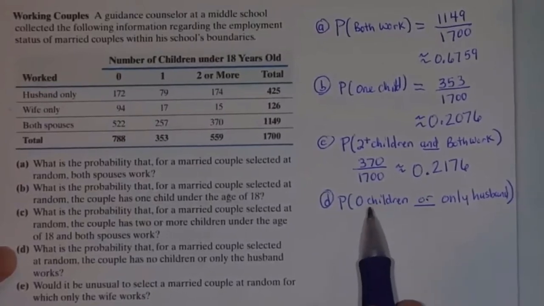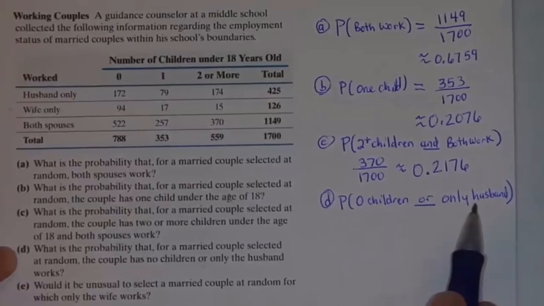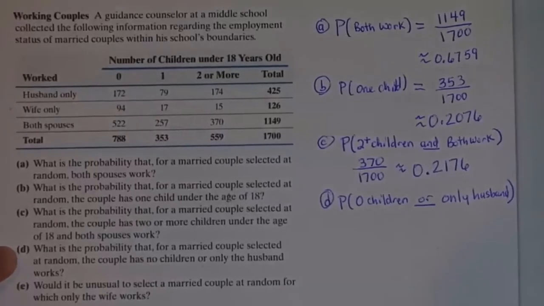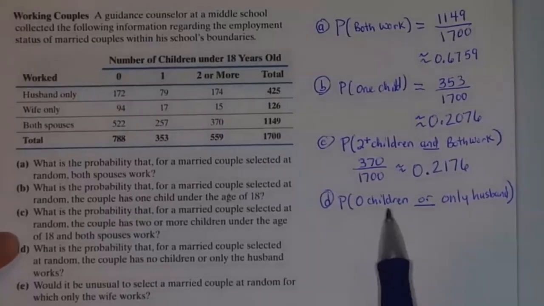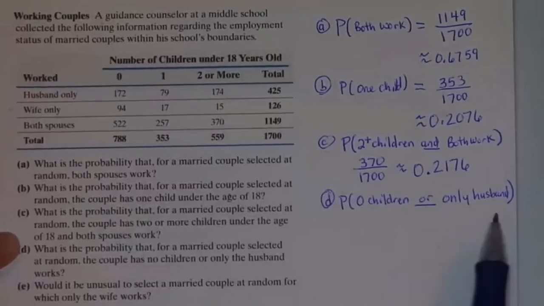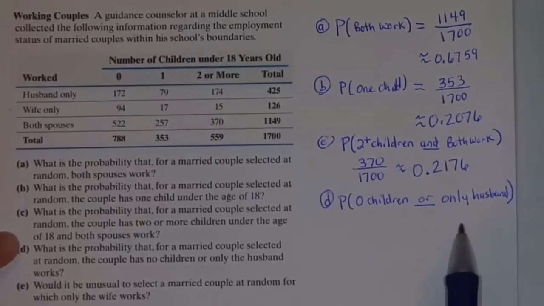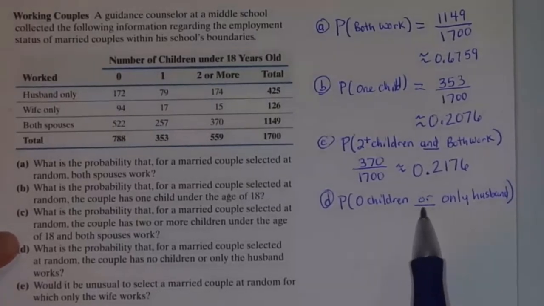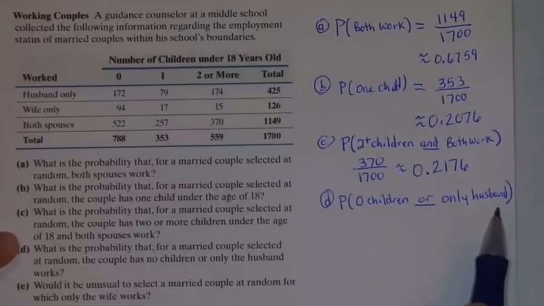So I need to figure out, are the events having 0 children and only the husband works mutually exclusive or not? Are they disjoint, in other words? If they are disjoint, then I just need to add the 2 probabilities together. If they're not disjoint, then I'm going to add the 2 probabilities together and subtract the probability of 0 children and only the husband works.